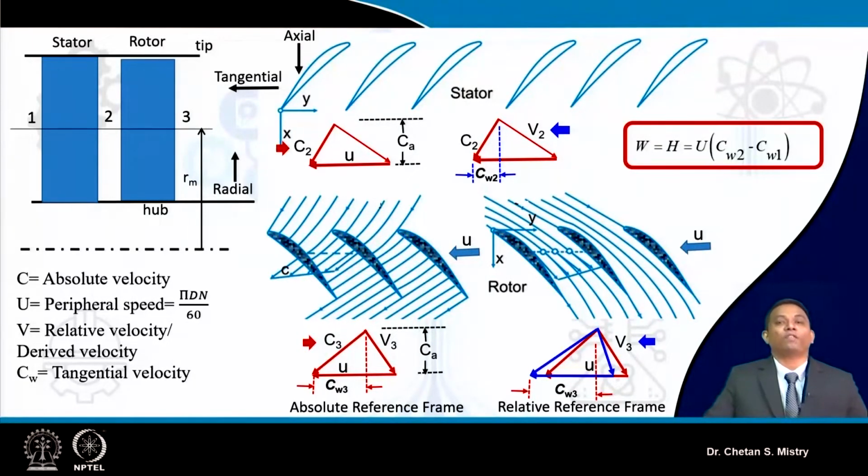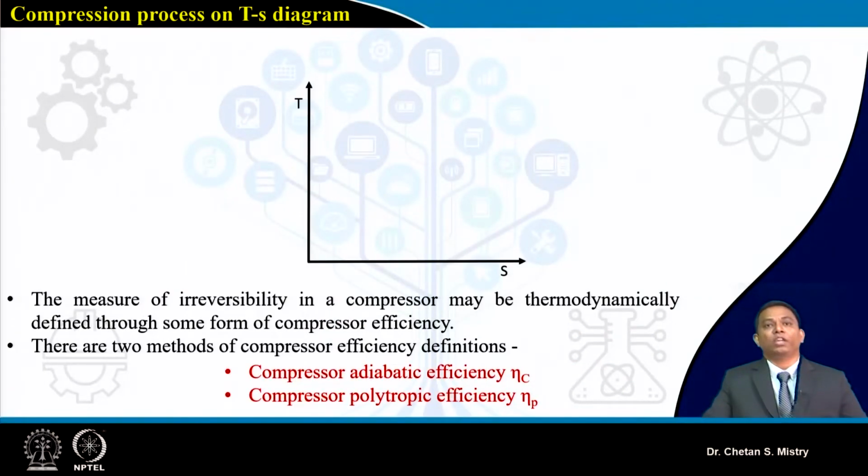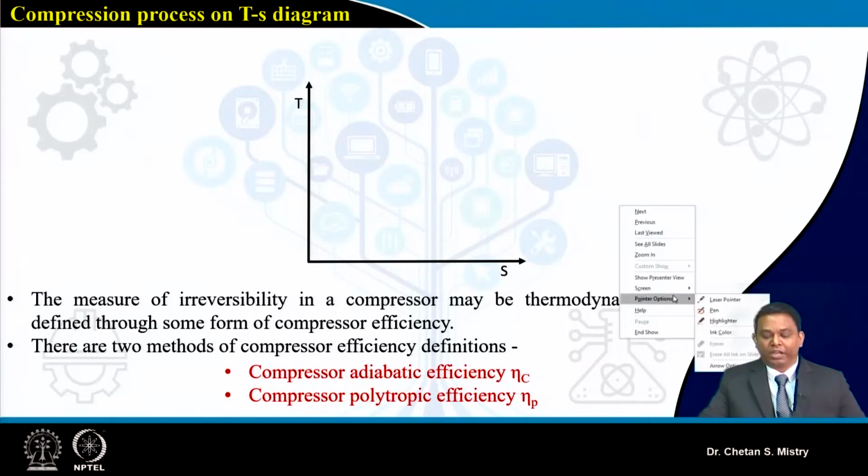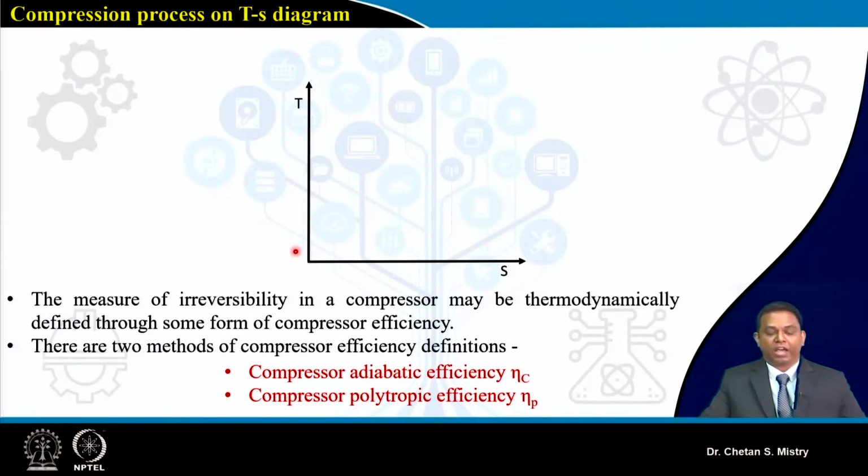Now, what we know so far represents my aerodynamic configuration. Let's try to understand this compression process using the thermodynamic aspect. Here, we represent the compression process on a TS diagram.